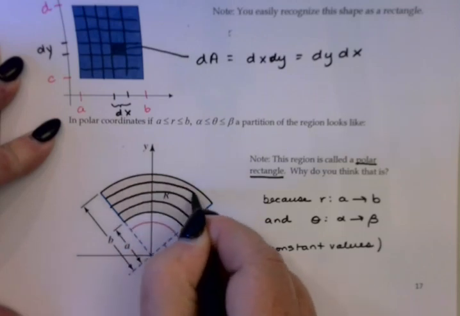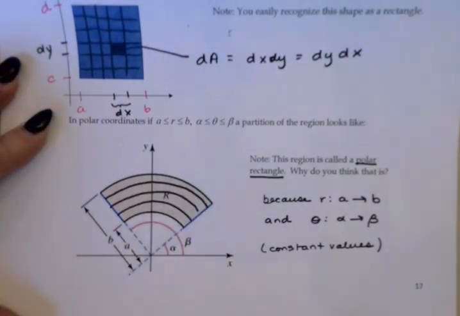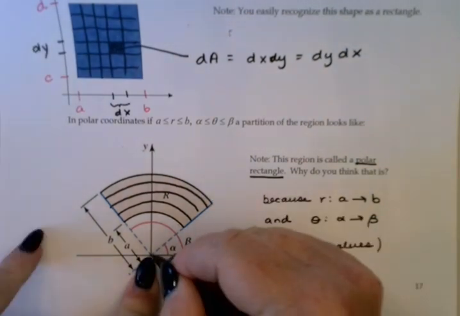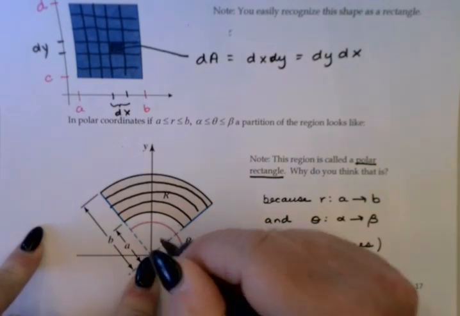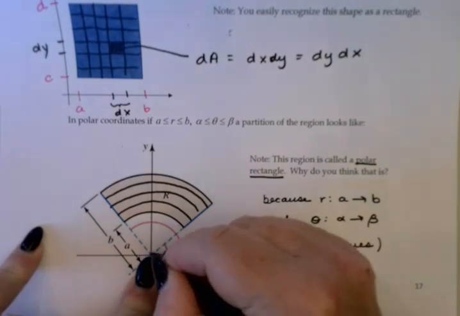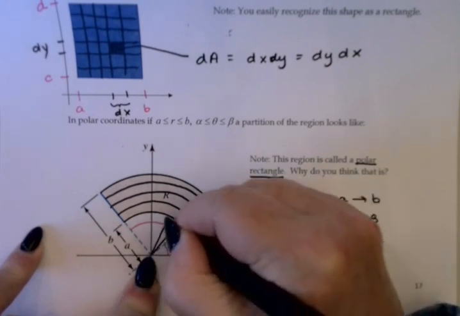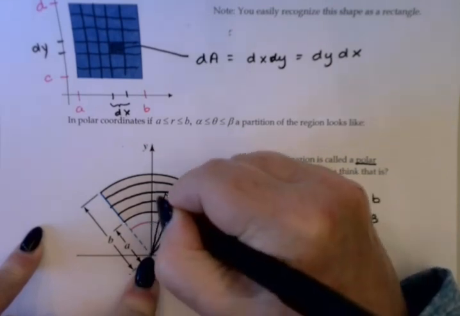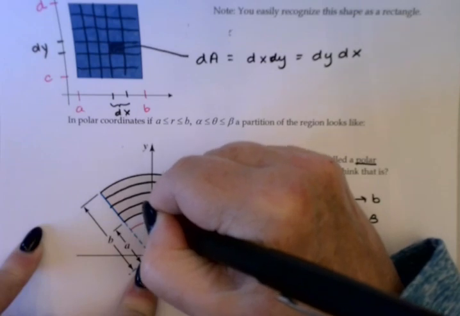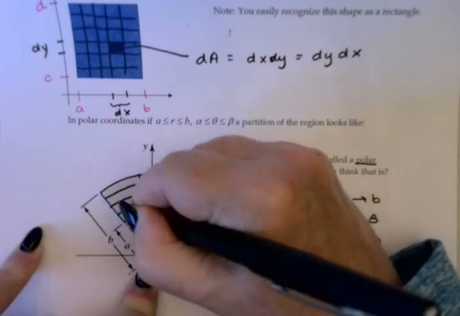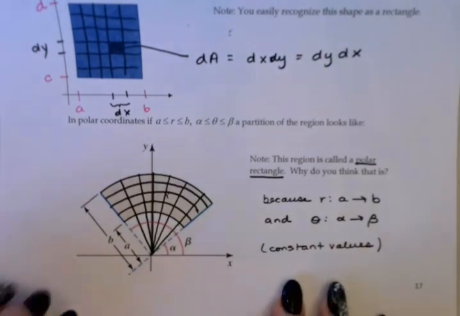So my partition is going to draw a whole bunch of parallel curved arcs. What about theta? Well, let's see. If I increase my theta a little bit, I'm going to go from alpha to a little bit more than alpha. And then a little bit more than that. And a little more than that, and so on. My angles keep just getting bigger a little bit at a time.